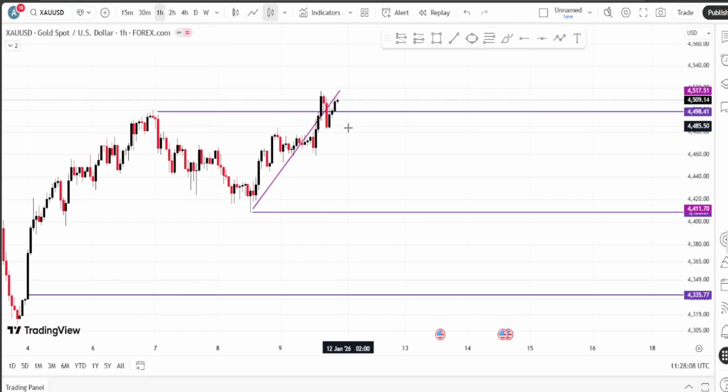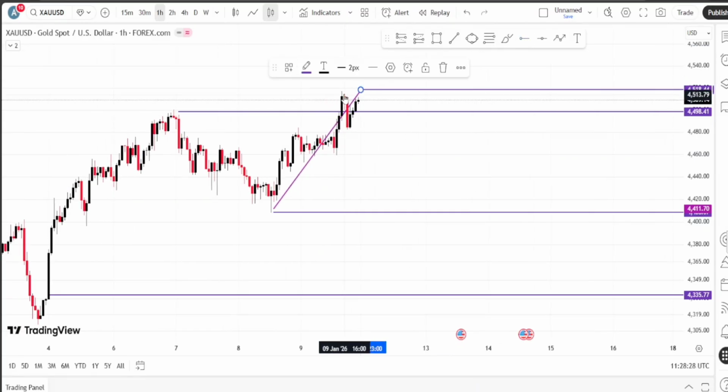Price might show some correction, probably maybe below 4500. I would like to see if price moves back to 4482, either this liquidity or this liquidity zone, or what I would like to see is a candle closure around this 4518.